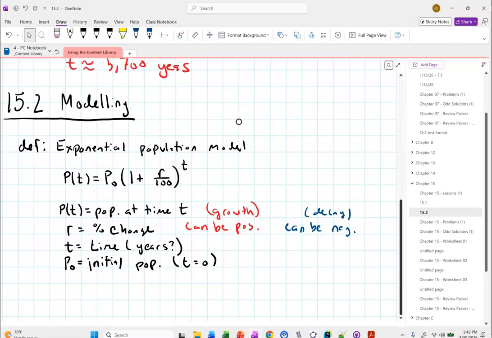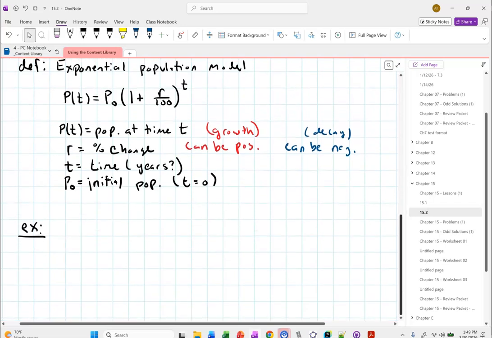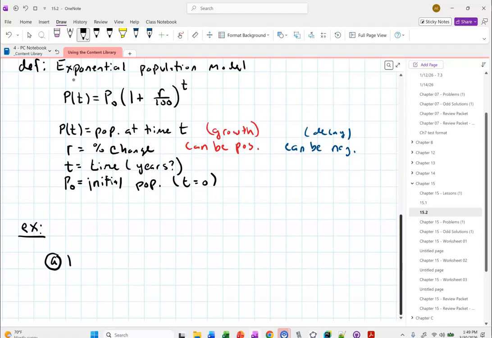All right, so let's look at an already written exponential population model, and we're going to use that to identify the values for P naught and R and decide whether we're growth or decay.